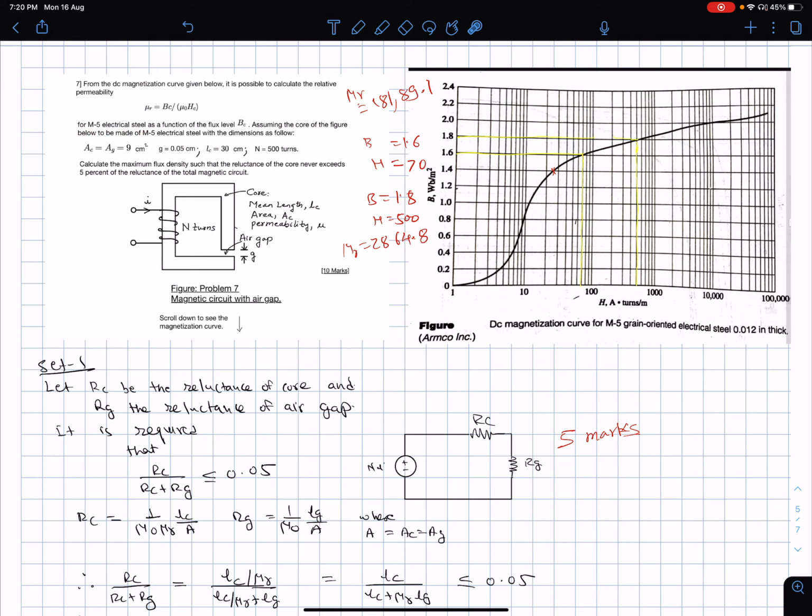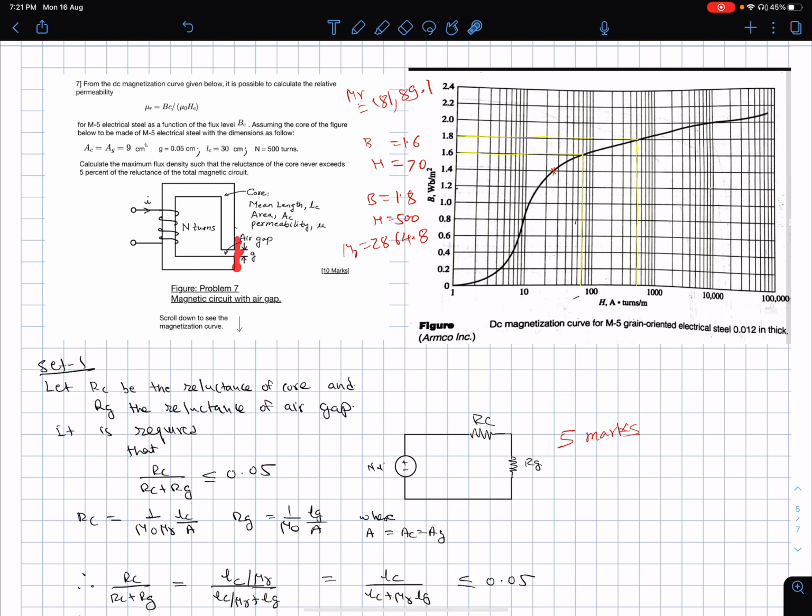Assume the core. So this is my circuit here, a magnetic circuit. Assume the core, a very simple magnetic circuit, in the figure below to be made of M-phi electrical steel with dimensions AC, AG of 9 centimeter square.